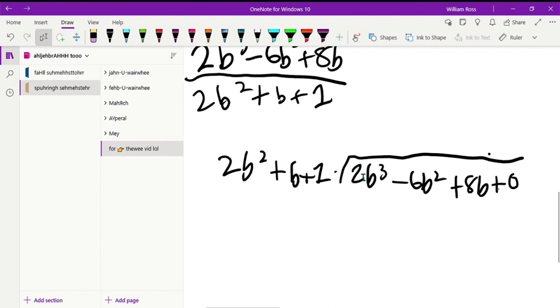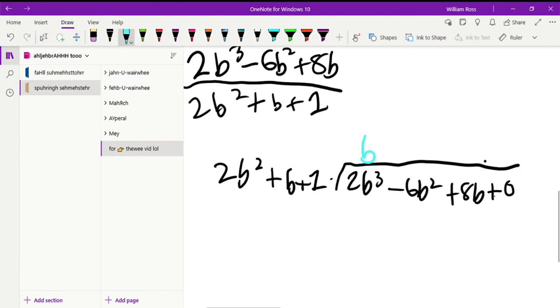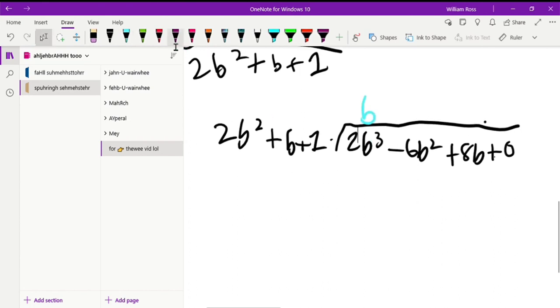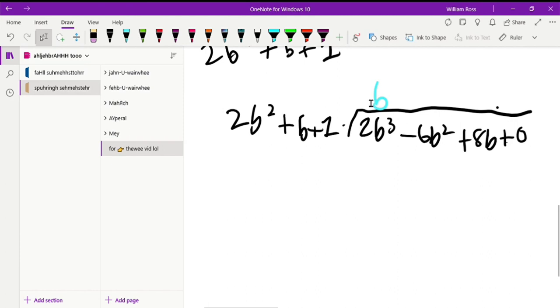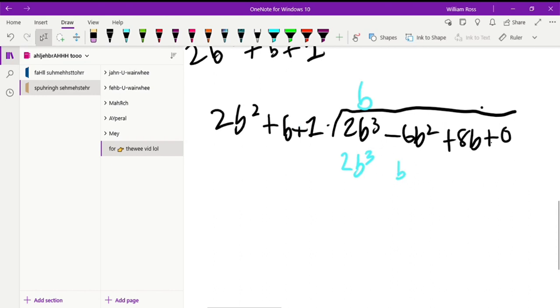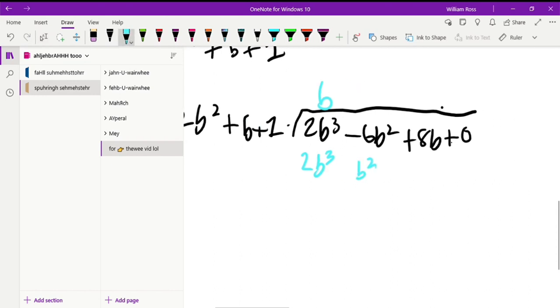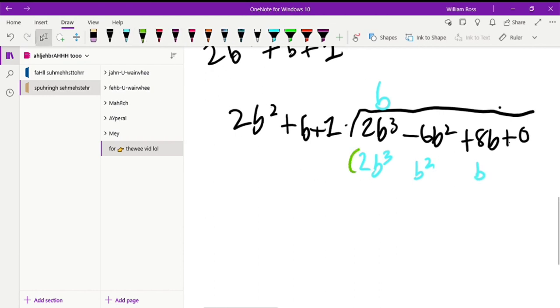2b squared goes into 2b cubed b times. So b times 2b squared will be 2b cubed. b times b will give you b squared, and b times 1 will give you b. Flip the signs.